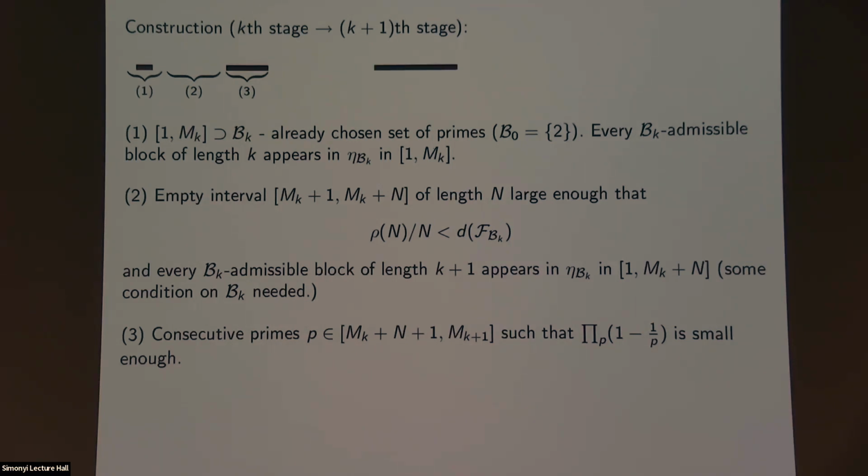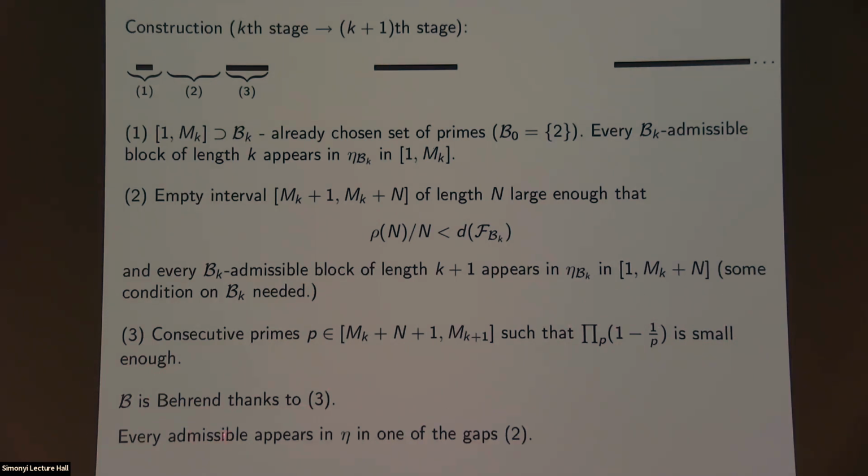And then you leave some free space, and then you take consecutive primes, and then you leave long free space, and so on, so on, so on. And the idea is that the union of the sets Bk constructed in this way is Behrend, thanks to these small enough choices of these products.